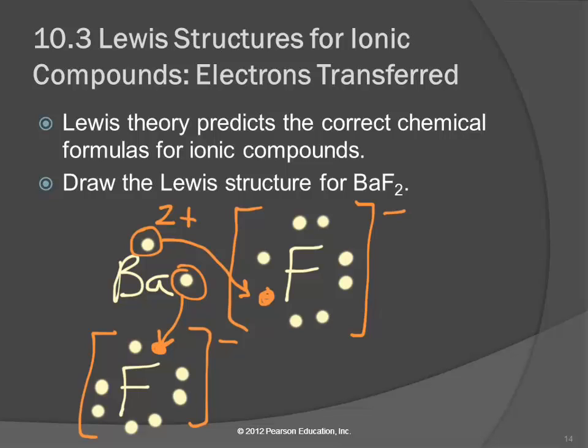We learned how to do this back in chapter 5 just by following some rules, and now we're understanding why. Why does it do this? Well, barium has 2 valence electrons and it needs to get rid of them. Each fluorine will only take 1. And so there needs to be 2 fluorines to accept the 2 valence electrons from the other one.